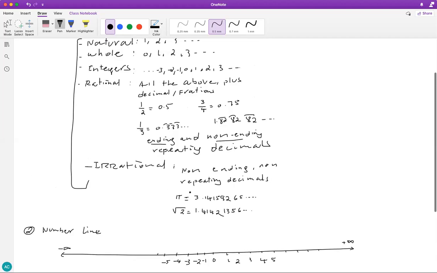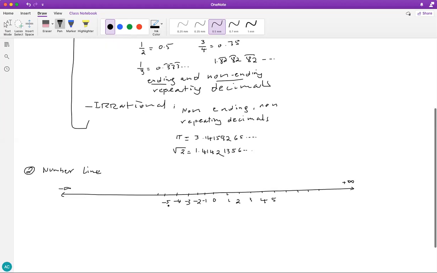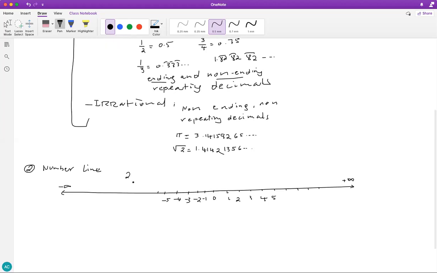Now we can put random numbers on this graph.